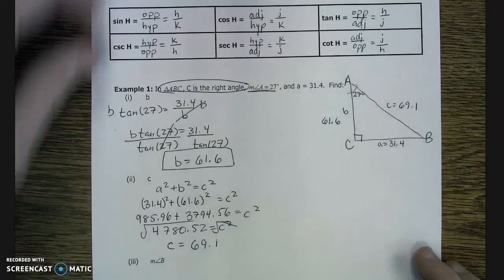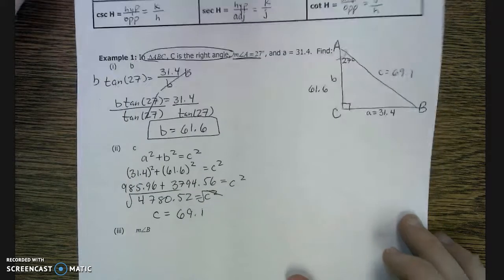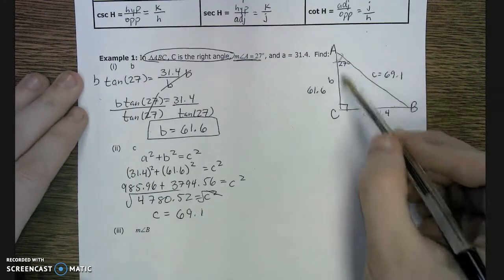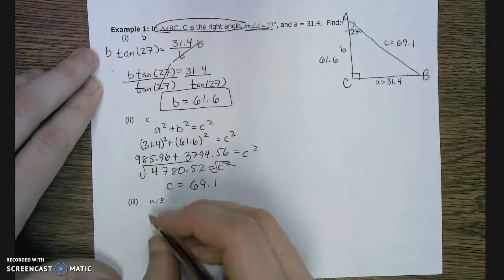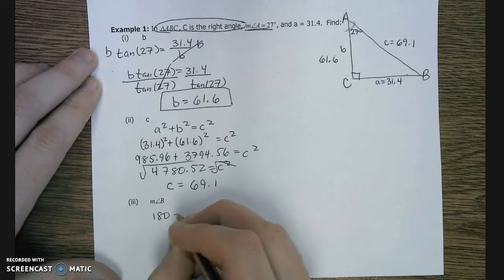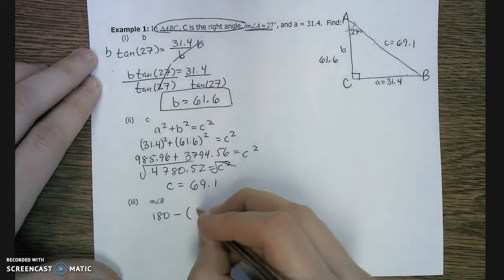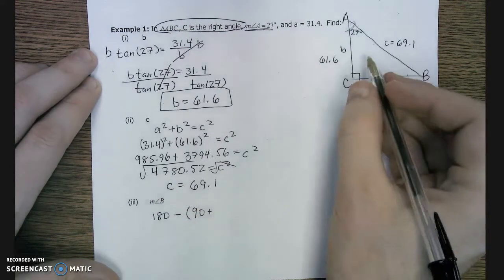Then to find angle B, that's the last part. Remember, all the angles in a triangle add up to 180 degrees. So we subtract the two angles that we have. We already have a 90, and we know 27.